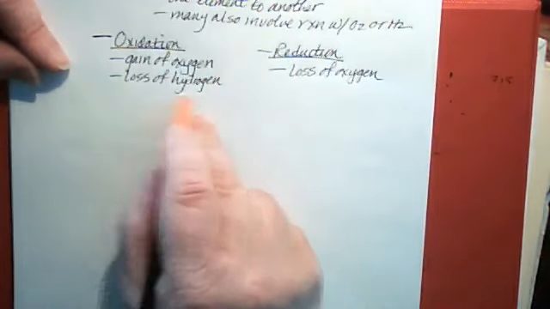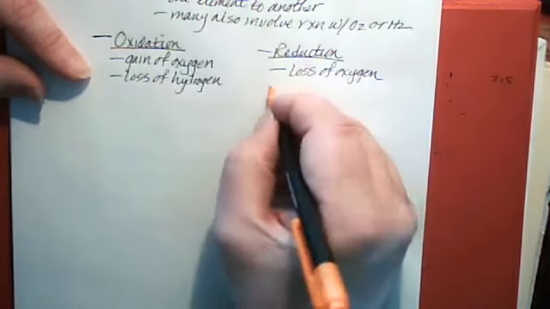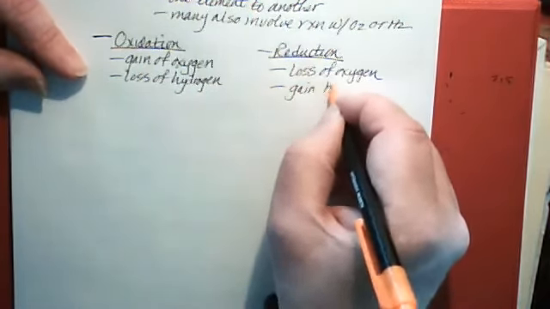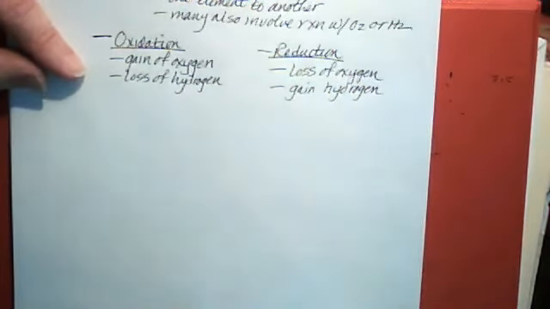Hydrogen is the opposite. If you lose hydrogen, relatively speaking, then that would be an oxidation. If you gain hydrogen, relatively speaking, that would be a reduction.